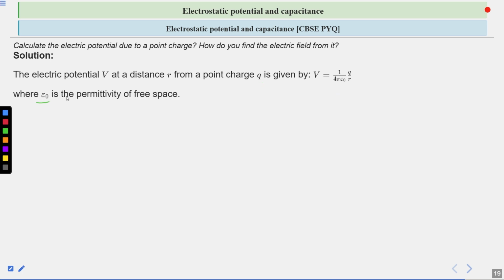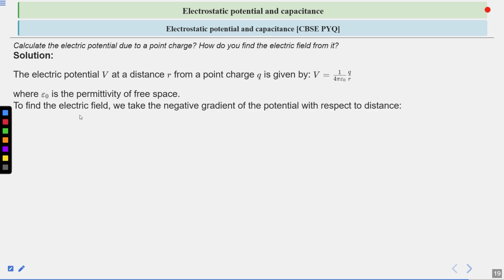where epsilon naught is the permittivity of free space. To find the electric field, what can we do? We know the relation between electric field and potential is E equal to minus dV by dr, or we take the negative gradient of the potential with respect to distance.